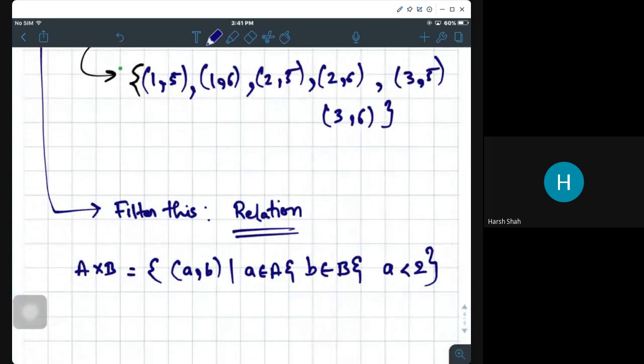If I apply this condition, these 4 elements will be removed from my Cartesian product, correct? Now this becomes your relation. I hope this is fine.